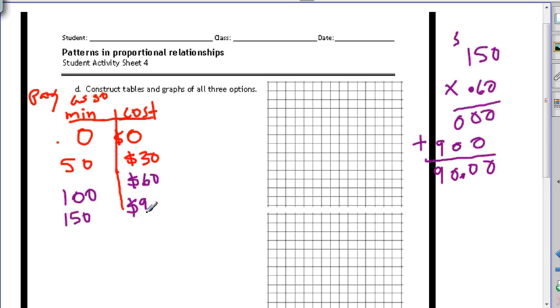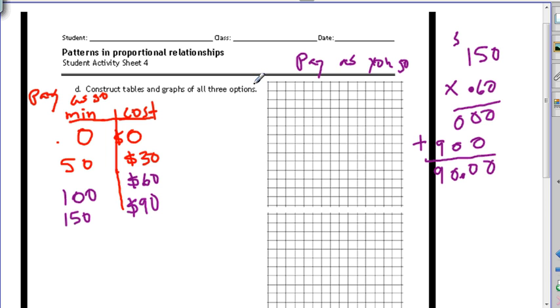All right, so we have our first table, and now I have to graph it. So I give my graph a title. This is pay as you go. Now I have to label the y-axis, okay? And the y-axis is the cost. That's my output.